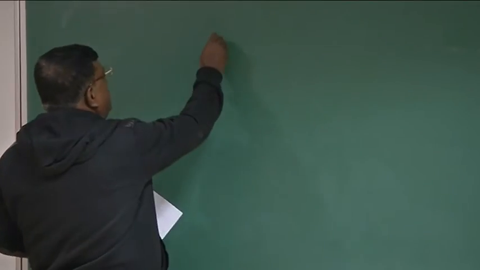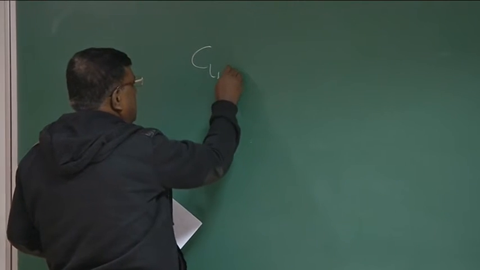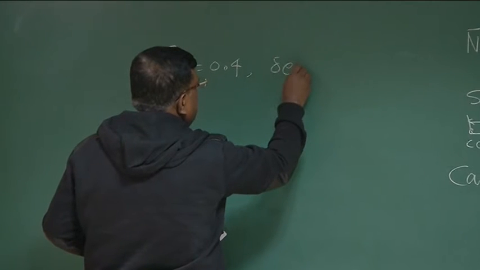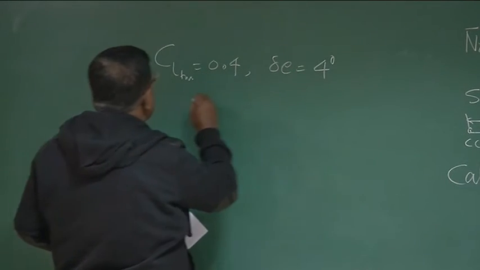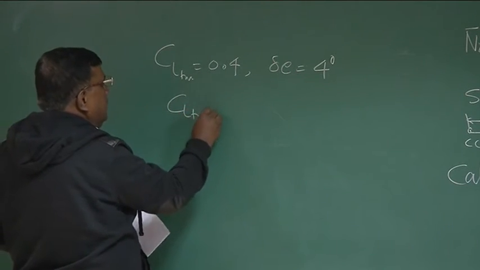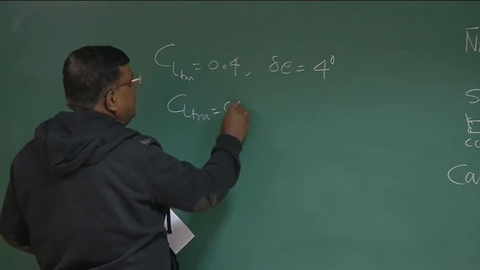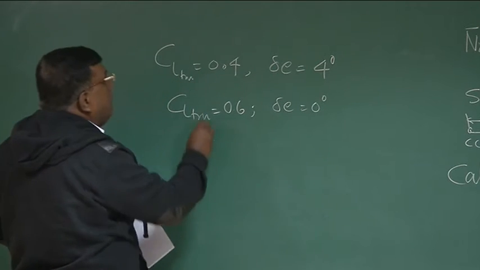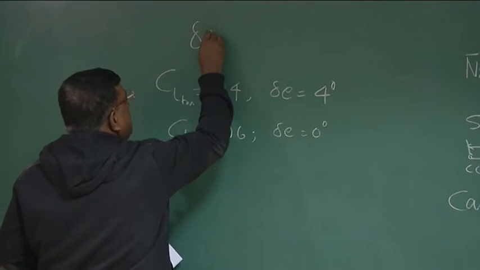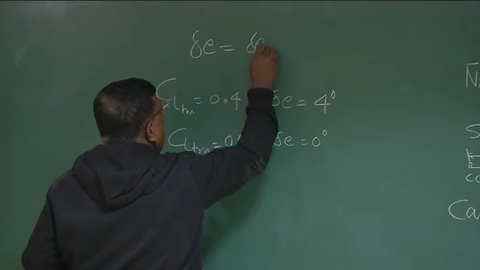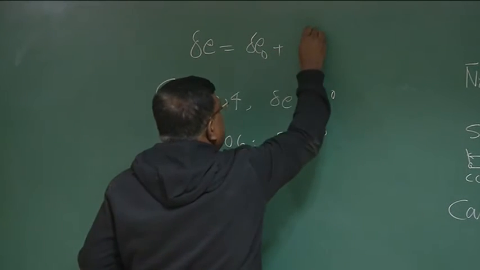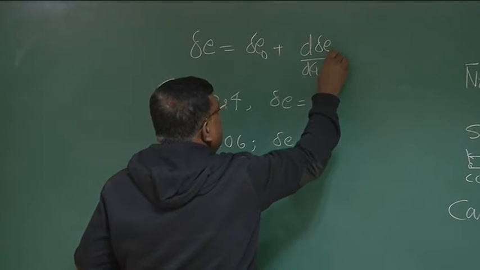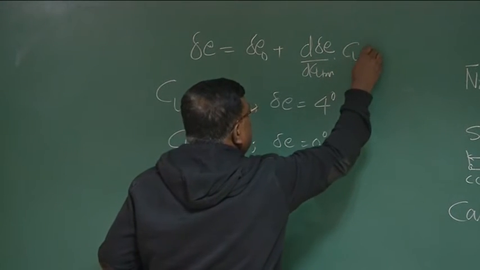We know CL trim equal to 0.4, at that time delta E equal to 4 degree, and CL trim equal to 0.6, at that time delta E equal to 0 degree. And what is the relation I know? Delta E trim equal to delta E naught plus d delta E by dCL trim into CL trim.